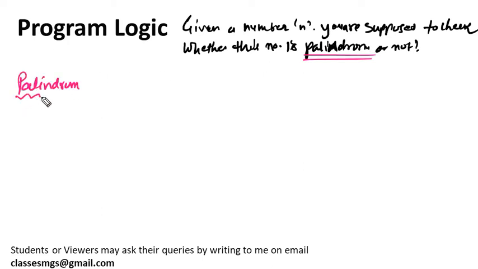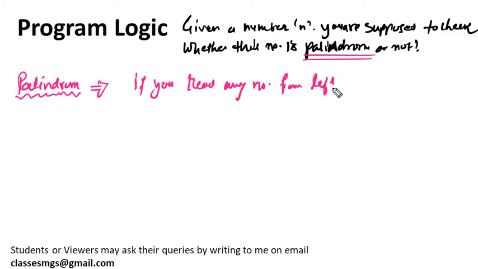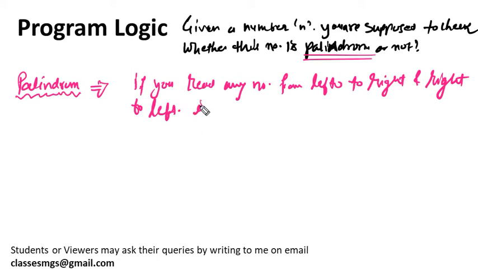Palindrome means if you read any number from left to right and right to left, both should be equal.